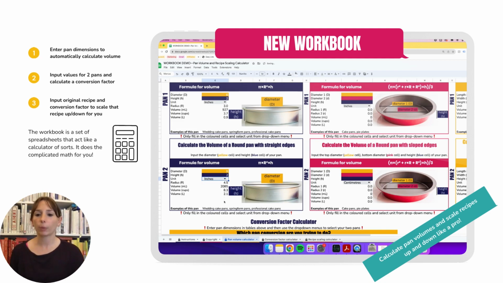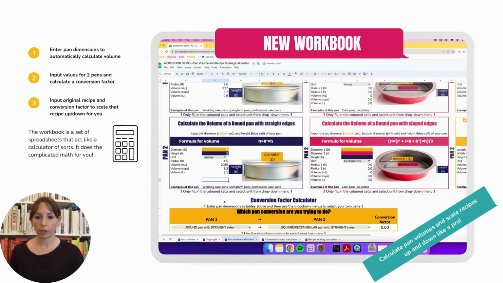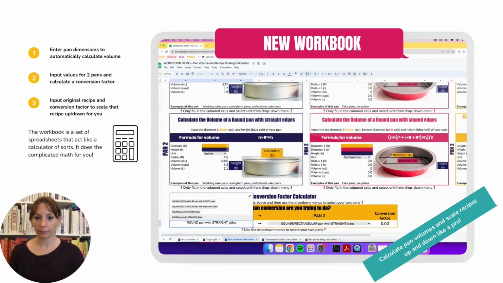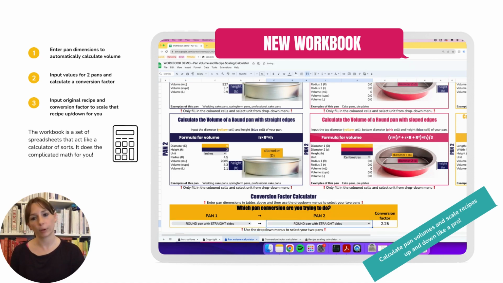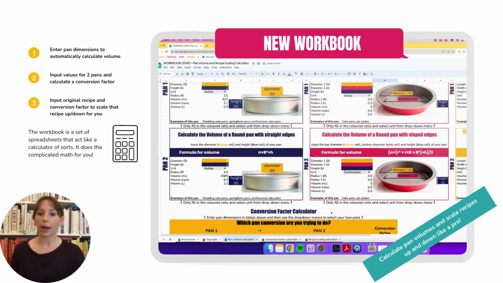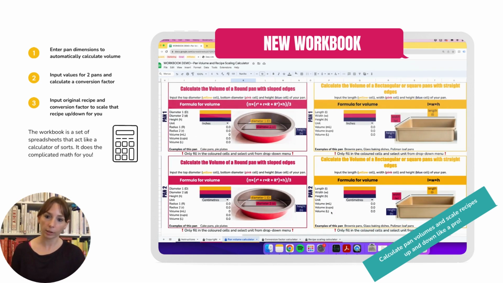And then with these spreadsheets, you can input the dimensions of a pan and it will spit out the volume for you. And then if you input the dimensions of two pans, let's say a square pan with straight edges and a round pan with sloped edges, it will then calculate a conversion factor for you, and then you can use that conversion factor to scale up or down a recipe.